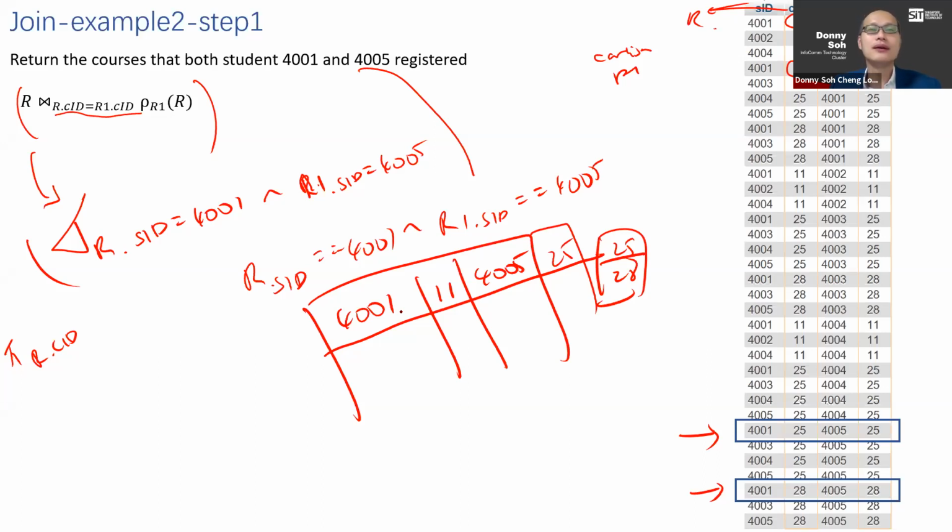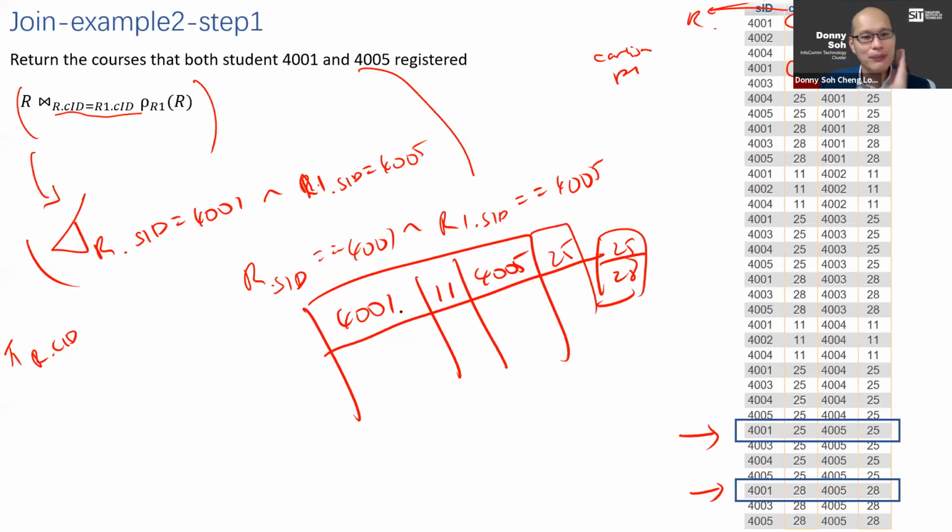This is a little bit convoluted, but it's a very good example to show the join, the selection, the renaming and the projection. So it actually shows everything at the same time.